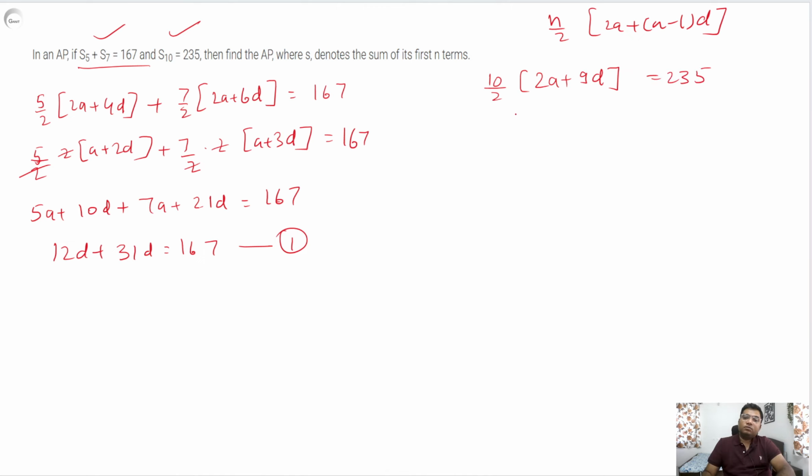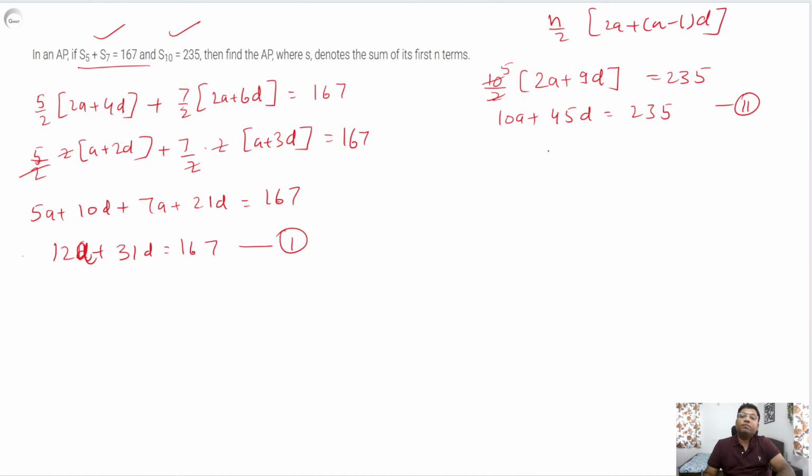So if you simplify this, this will become 10A plus 45D equals 235, equation number 2.